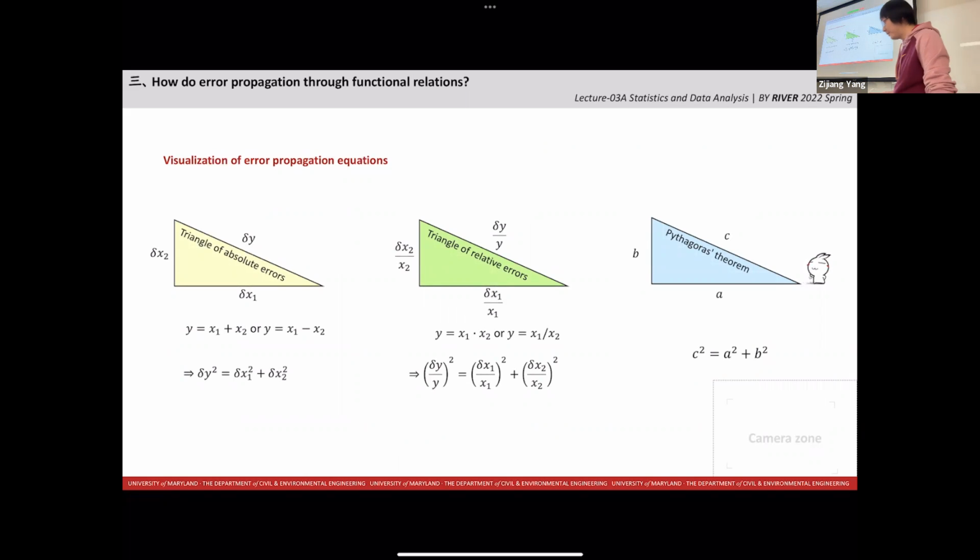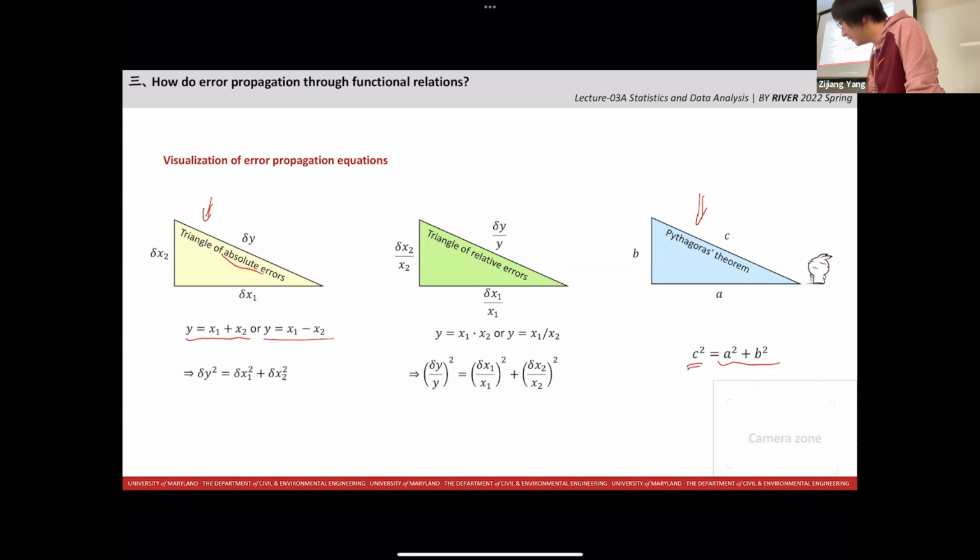But here is a summary of the error propagation equations that may be used in the homework or in our research. At first, I would like to talk about the Pythagorean theorem, which I think everyone is familiar with. If we have this triangle, we can see the square of C equals the square of A plus the square of B. Similarly, for the summation, like y equals x1 plus x2, or y equals x1 minus x2, again we can draw this triangle, and I call this the triangle of absolute errors.